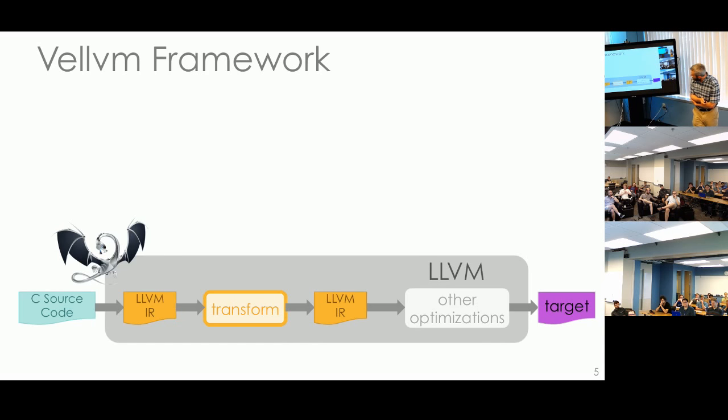And so just to give you another picture of what this framework looks like. First of all, the LLVM framework itself typically starts with something like C source code, translates it via some front end to this LLVM IR, and then goes through a series of transformations to reach this target.